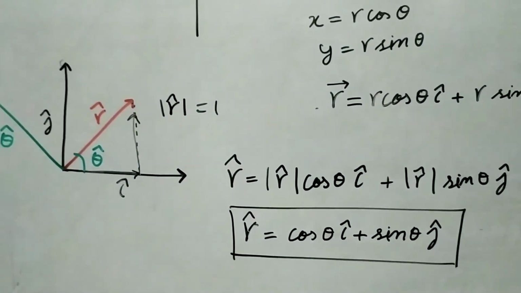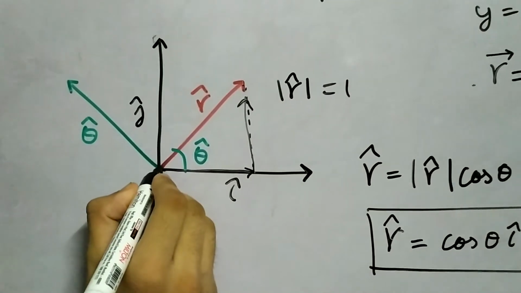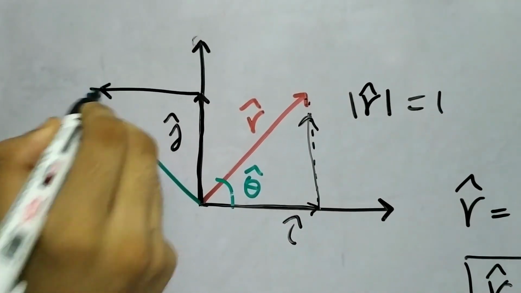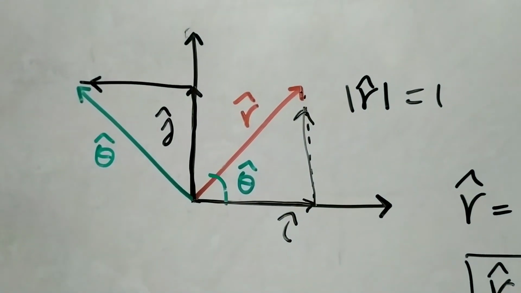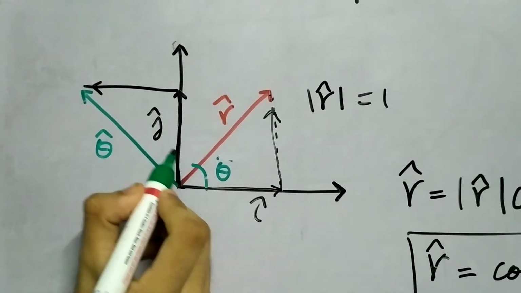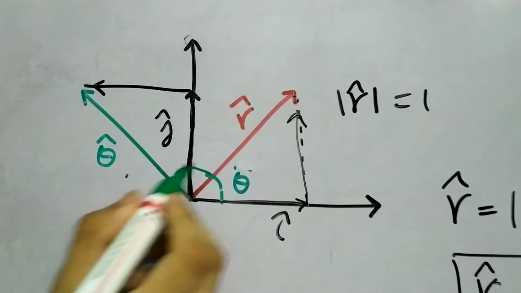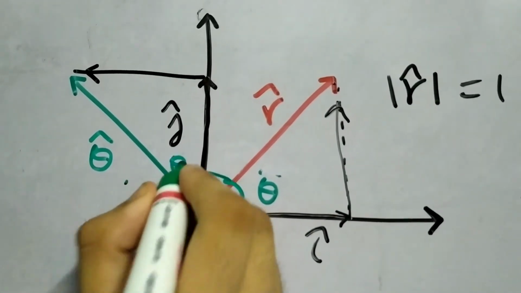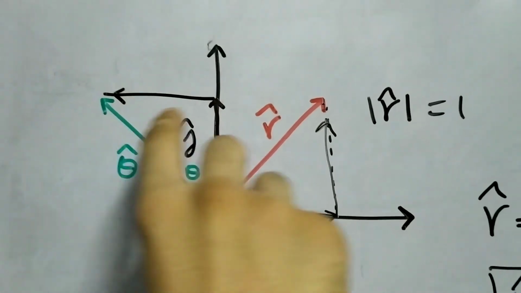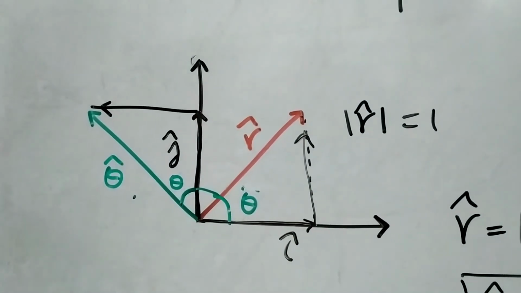Now what about theta cap? Similarly, theta cap can be represented as the sum of this vector plus this one. With some basic geometry: this angle is theta, this will be 90 minus theta, and since theta cap and r cap are perpendicular, this angle will also be theta. Now we just resolve theta cap into its components along i cap and j cap.